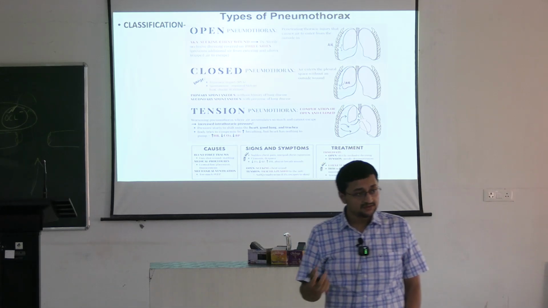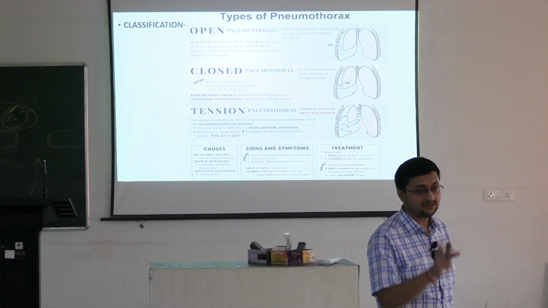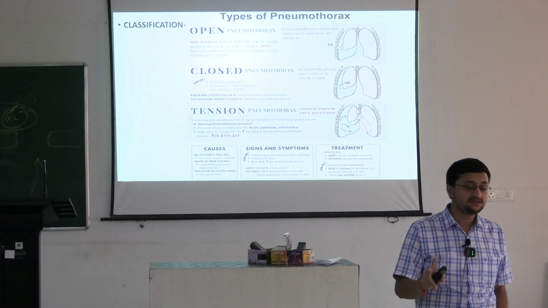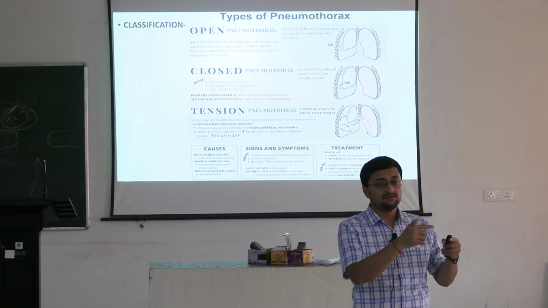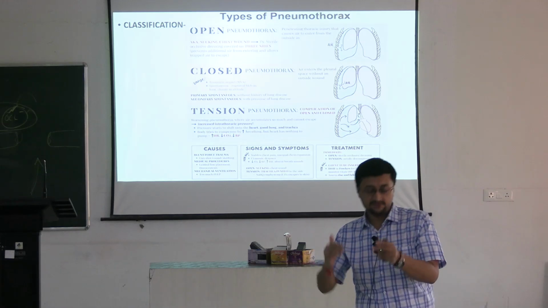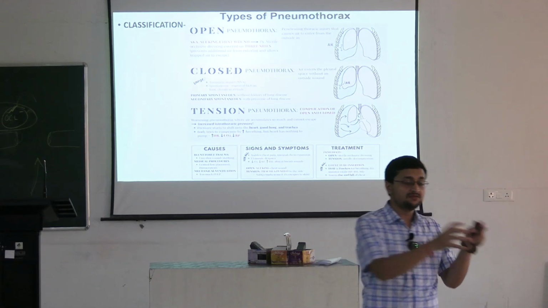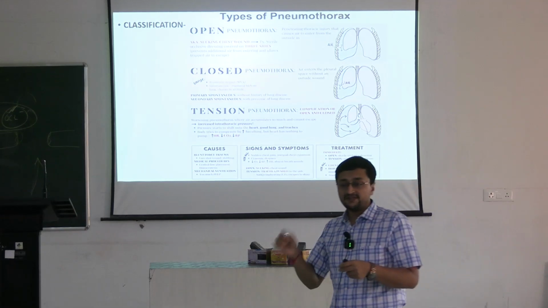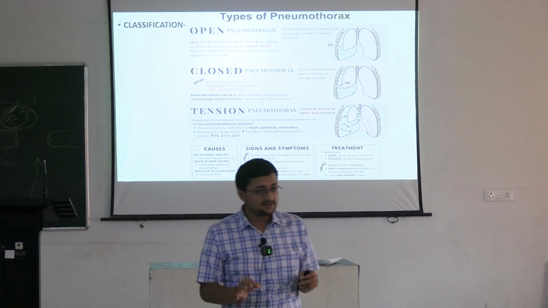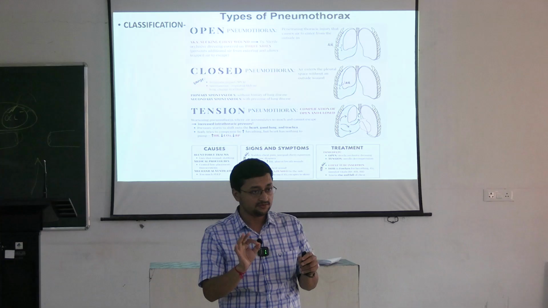Again, the name suggests itself the mechanism. Open, that means, what is open? That means there is an open connection between the outside of the lung and the inside of the lung through the pleura. Suppose the patient had a road traffic accident or a sharp object injury.